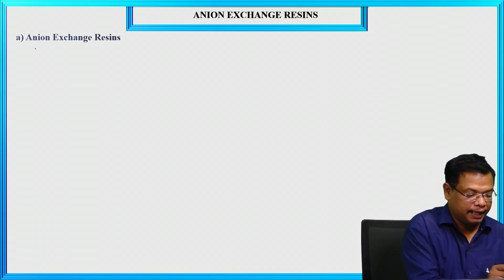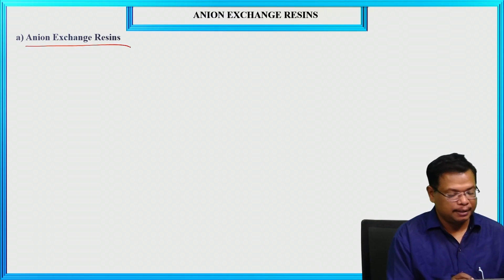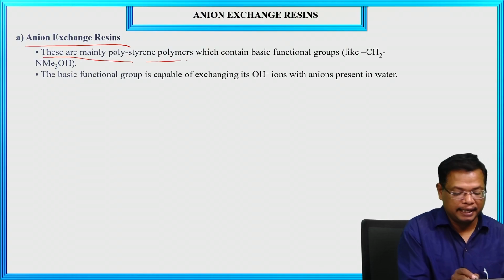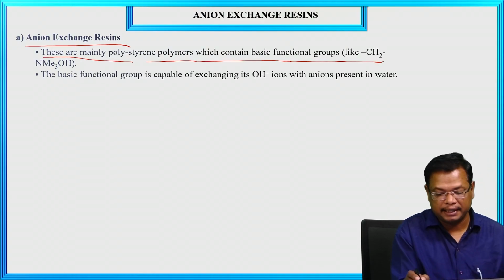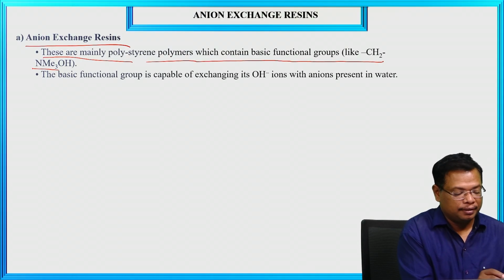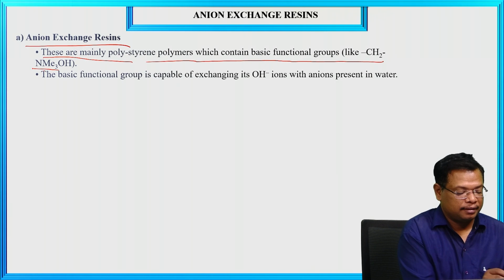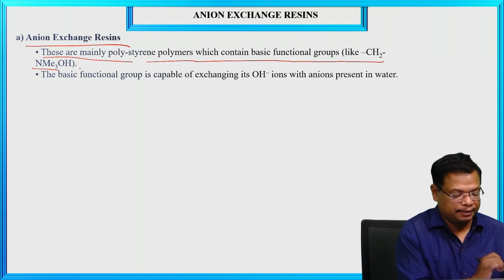Next, anion exchange resins. These are mainly polystyrene polymers which contain basic functional groups like CH2 trimethyl ammonium hydroxide.